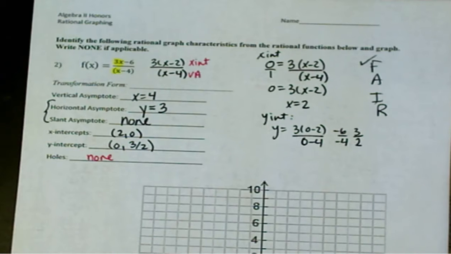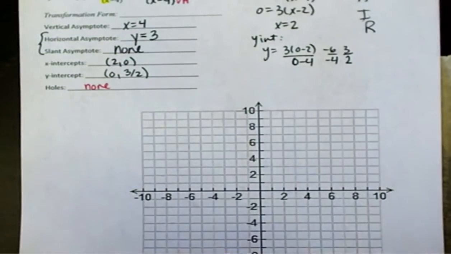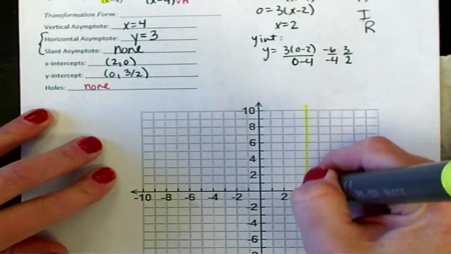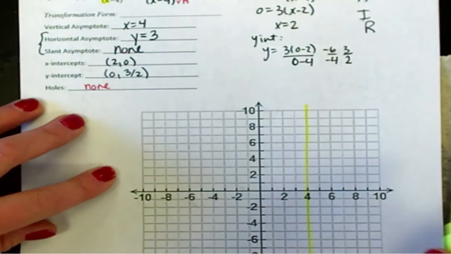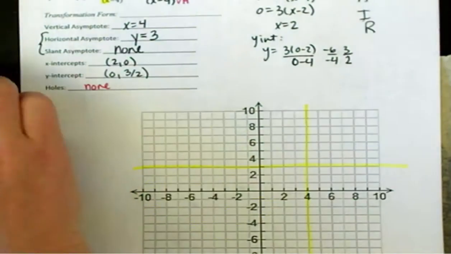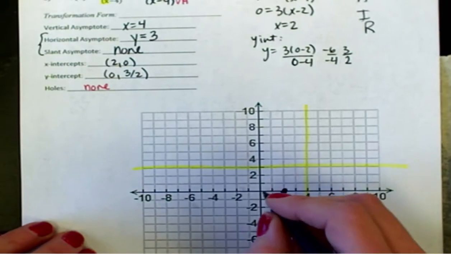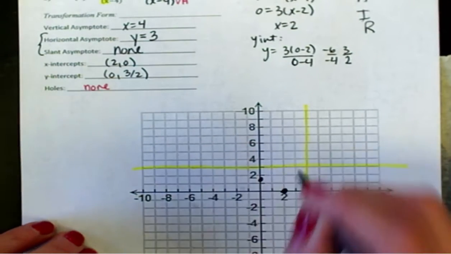I don't need transformation form yet, right? I'll get there. Okay. X equals 4. The asymptotes are useful as guidelines. Okay. 2, 0. 0, 1.5.